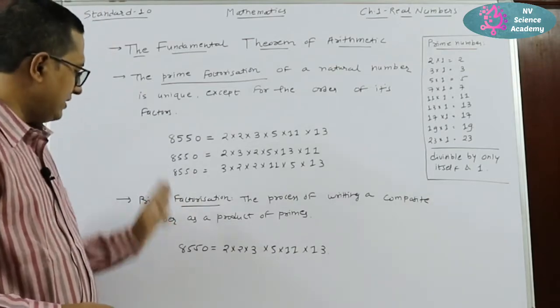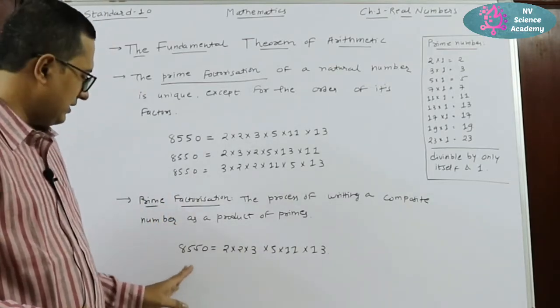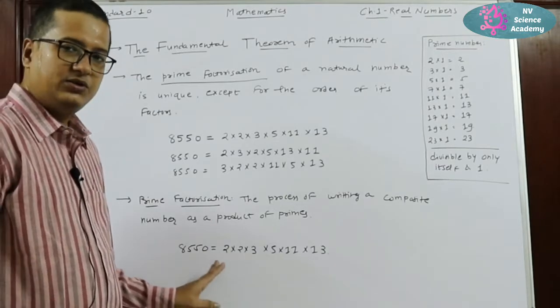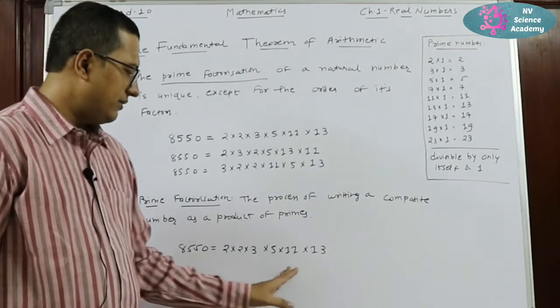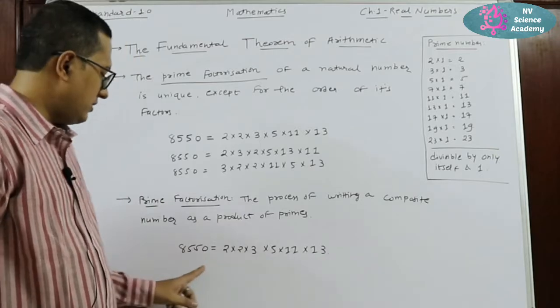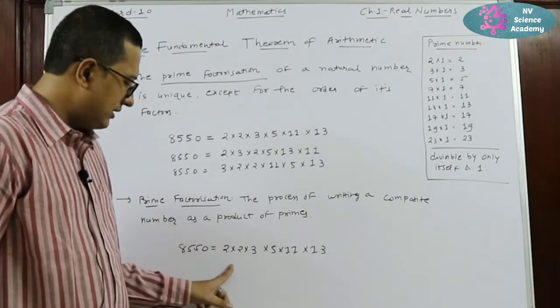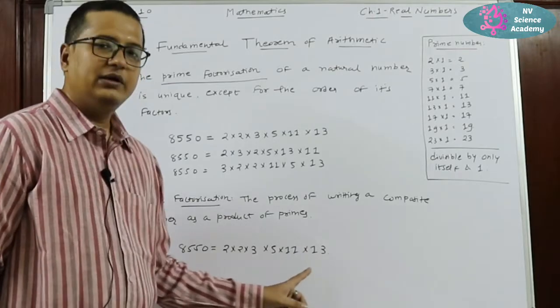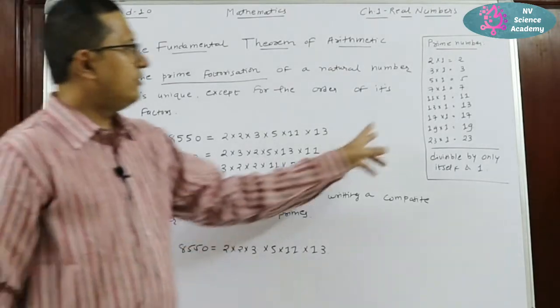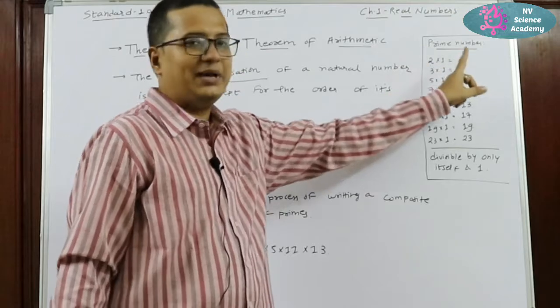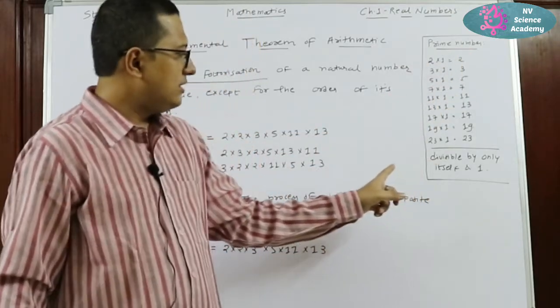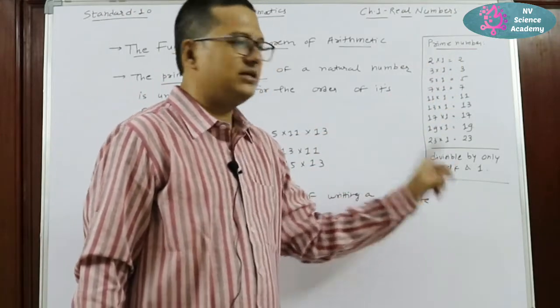So I have written the same example again. I have the number 8550, that is 2 into 2 into 3 into 5 into 11 into 13. As you can see, these all are prime numbers: 2, 3, 5, 11, 13. I have also mentioned what a prime number is. A prime number is a number which is divisible only by itself and 1.